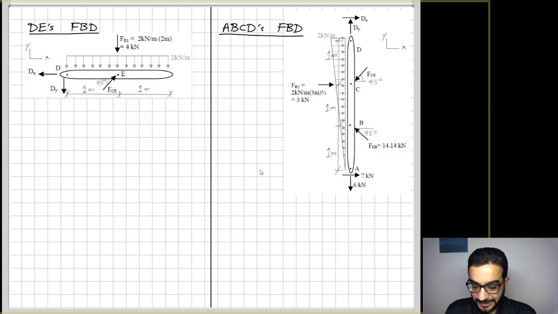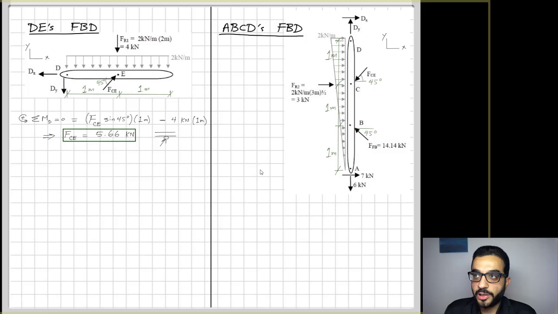So starting with the DE free body diagram, the horizontal member, the overhang member. If I do the sum of the moments around D, I cancel all the moments from Dx and Dy. I end up with only the moment from the vertical component of FCE. All the angles of the forces here that are not orthogonal, FCE and FB, are 45 degrees.